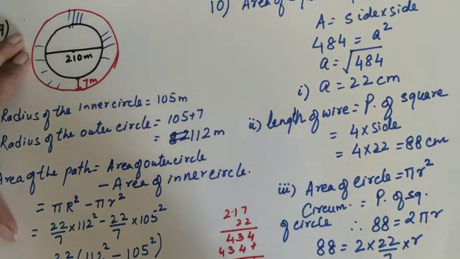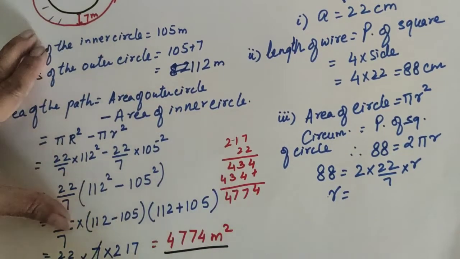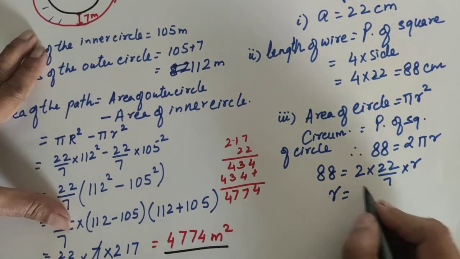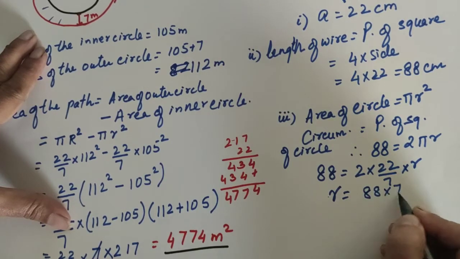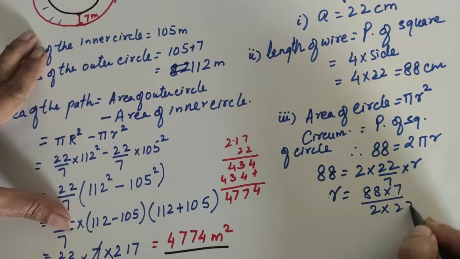So r is equal to 88 into 7 upon 2 into 22.